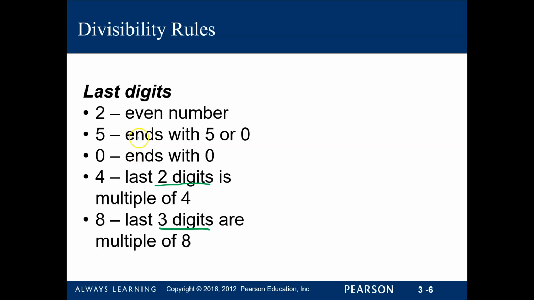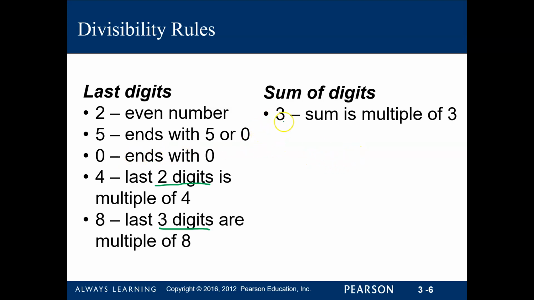Now, there's also another way of finding divisibility, which is getting the sum of the digits. For example, when you are checking for divisibility by 3, all you need to do is add all the digits and make sure that the sum is a multiple of 3. Okay? I'll give some examples in a few. 9 is the same thing.